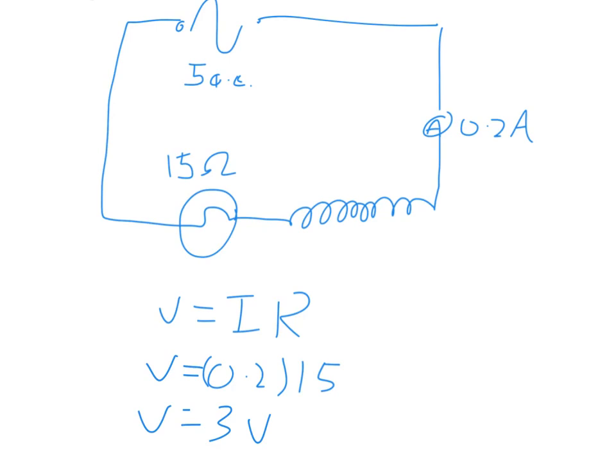The reason for that difference is that there must be a backwards EMF of 2 volts working in the opposite direction to the 5 volts being applied where it's connected to the mains. So again, 5 volts is the actual potential difference applied to the circuit. A backwards EMF of 2 volts will leave you with an overall potential difference of 3 volts in the circuit. So your answer is just 2 volts is the backward EMF.